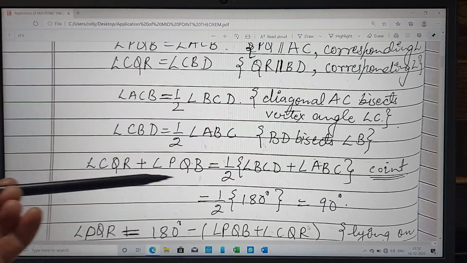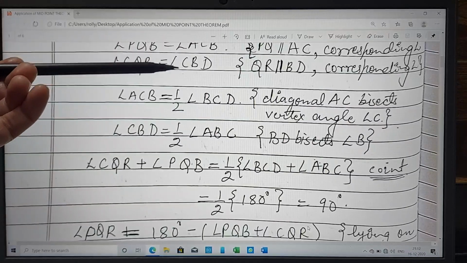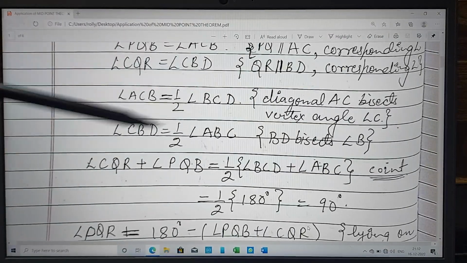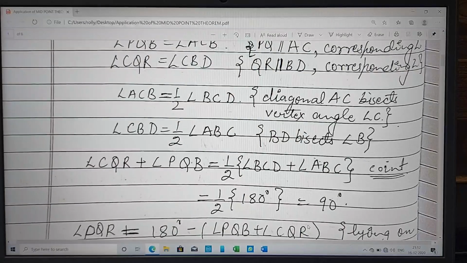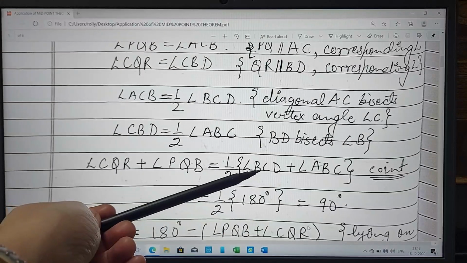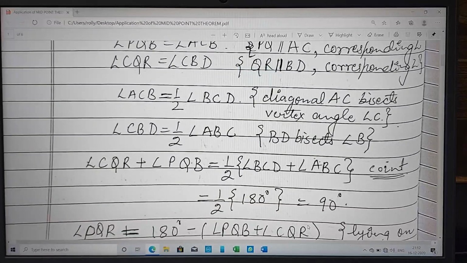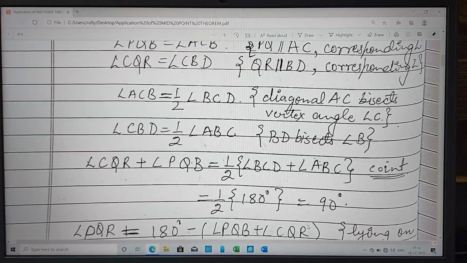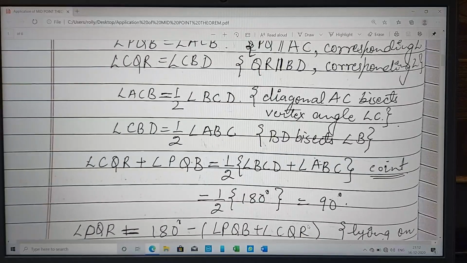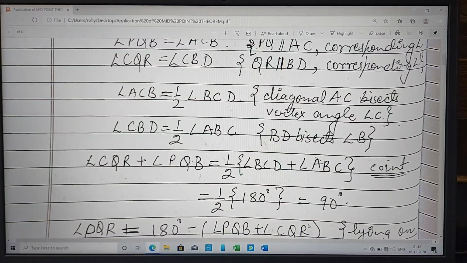Angle CBD can be replaced by half angle ABC, and angle ACB is equal to half angle BCD. So their sum will be equal to half angle BCD plus half angle ABC.